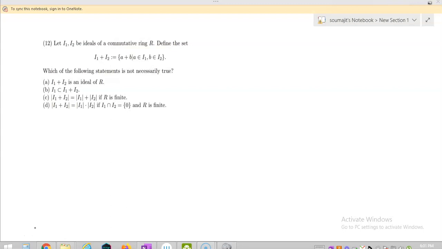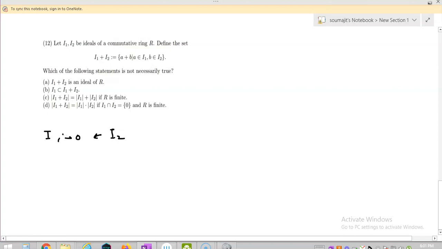Now observe that first of all I am going to discuss option A. I1 is an ideal of R, I2 is an ideal of R. Then both of them have the same identity element, which is the identity element of R with respect to addition. I am saying that 0 is the identity element, and so 0 belongs to I1 as always, 0 belongs to I2, and this is the only identity element of I1 and I2.